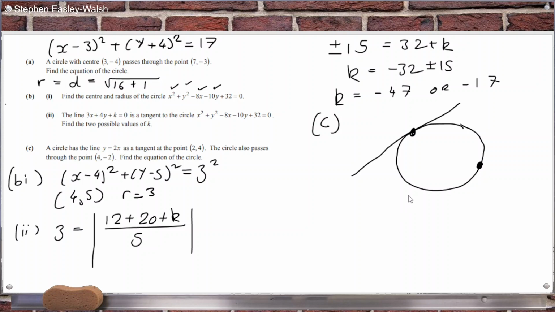So it's getting tricky now. So what I'm thinking, with not too much trouble, I can find this line. And I need to find a point on this line that will make this distance equal to this distance.